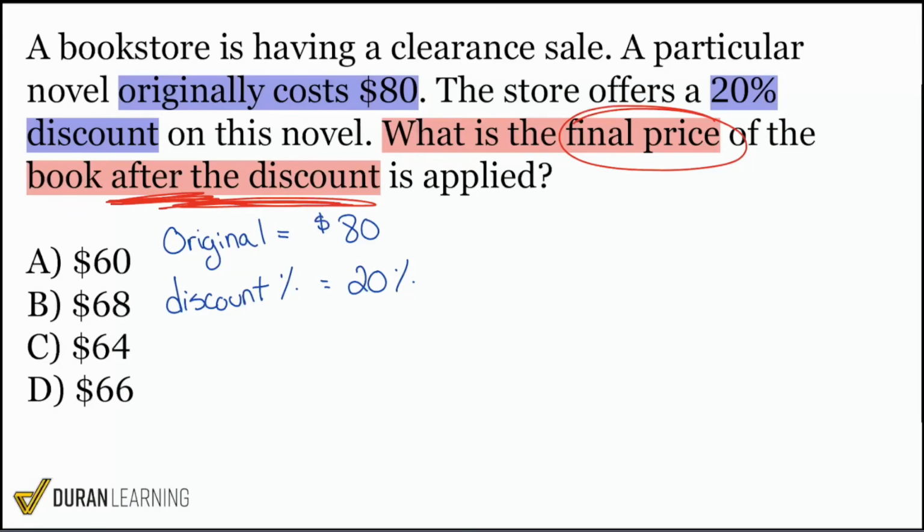So let me show you right over here, everybody. If we were to set this up as 20% times $80, this is not going to get us the final answer because what we are plugging into the percentage is the discount. So everybody, if we were to solve this equation and plug it in and do 20% times 80, don't tell me the number, but what is the representation that we are going to get?